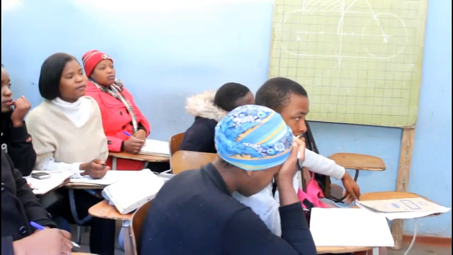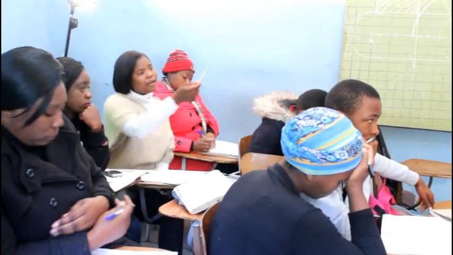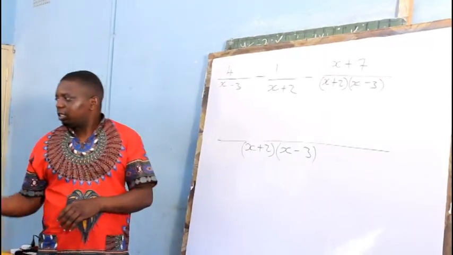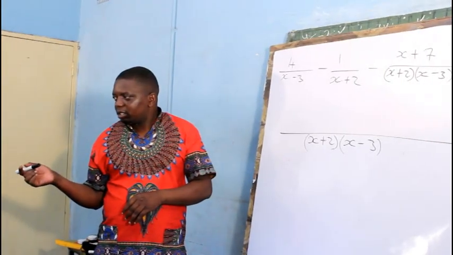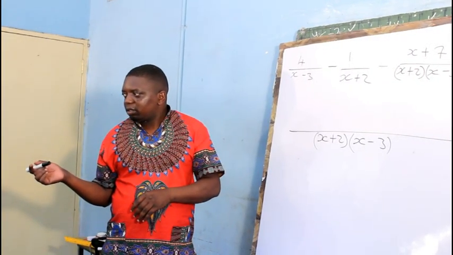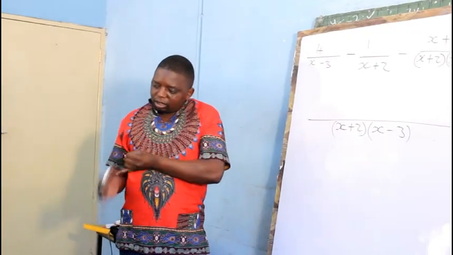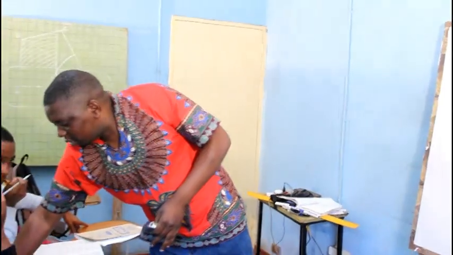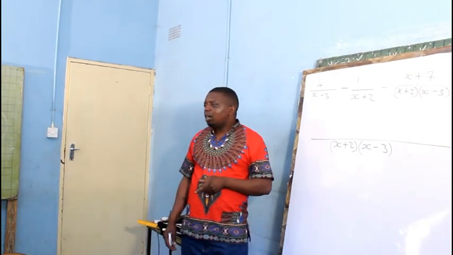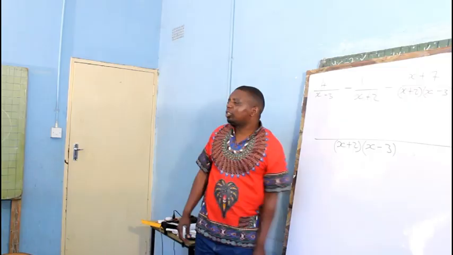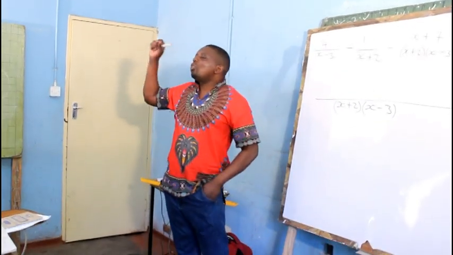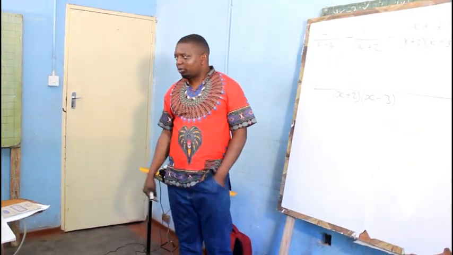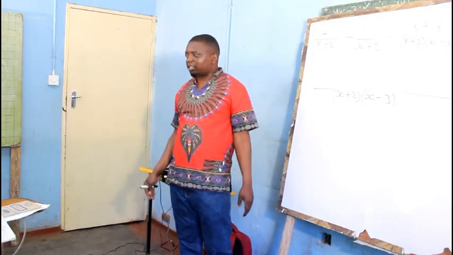Sorry, come again, I asked a question about the fractions, whether we take them all or just one of them. To find the lowest common denominator, we are finding the lowest common multiple of the denominators.